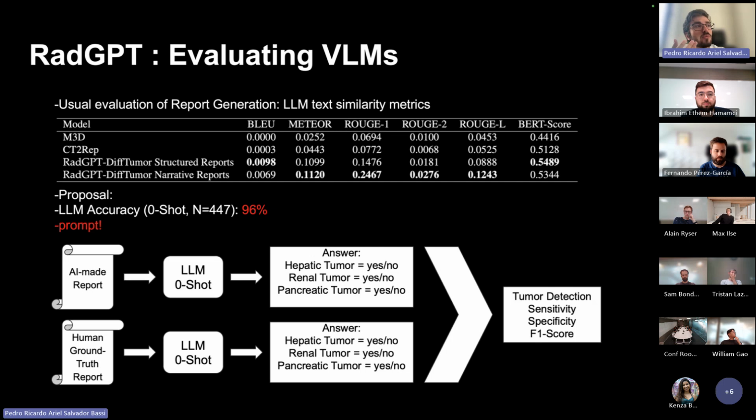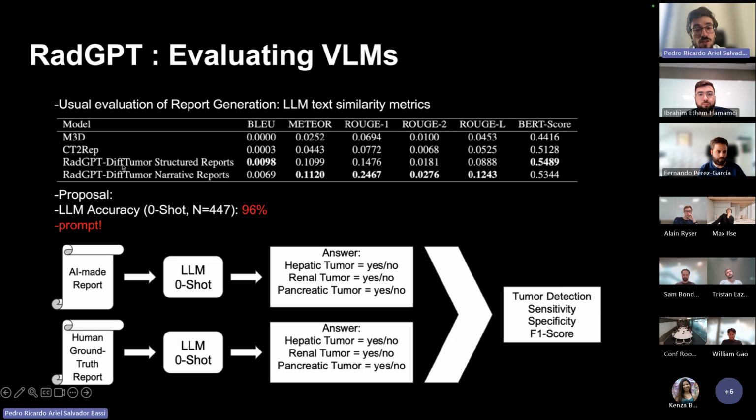Now, how do we evaluate reports created by visual language models, and how do we compare our model, RadGPT, against other models? Many works use standard text similarity metrics used to evaluate large language models to evaluate report generation. However, there is a problem here because these text similarity metrics are strongly influenced by the style of the reports.